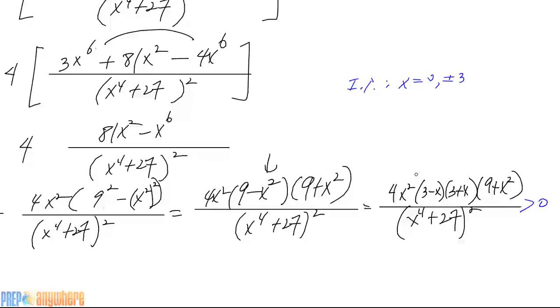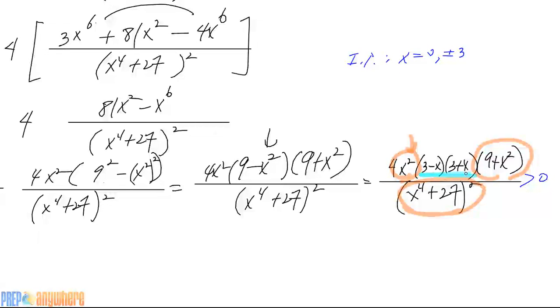Okay. Now, let's do some analysis here. This one here, this one here, and this one here are always positive, except this one can be 0. Does that make sense? So the whole thing will be positive as long as that's positive, right? The problem becomes just figuring out when that is positive. Then I know when the entire thing is positive. So when are 3 minus x and 3 plus x positive?